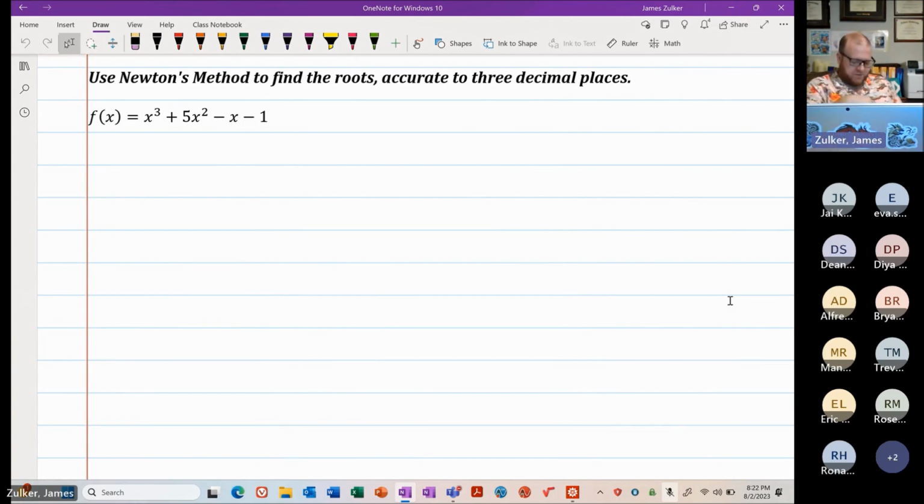Okay, so first, I'll show you a calculator. Here we're only going out to 3 decimal places, which is nice.